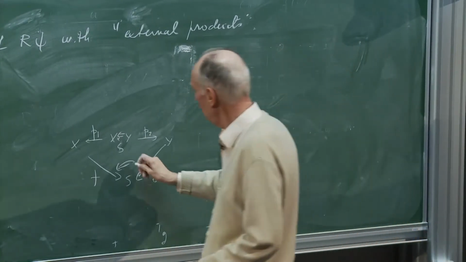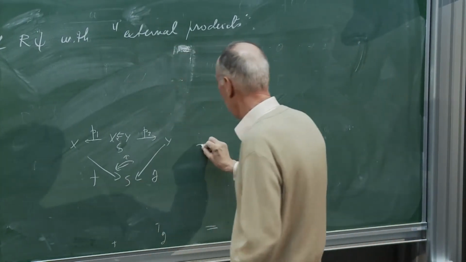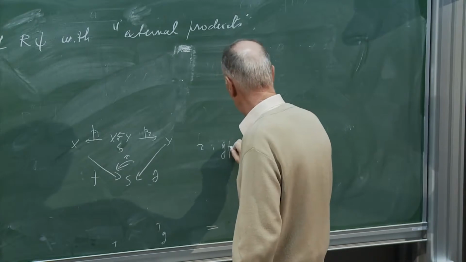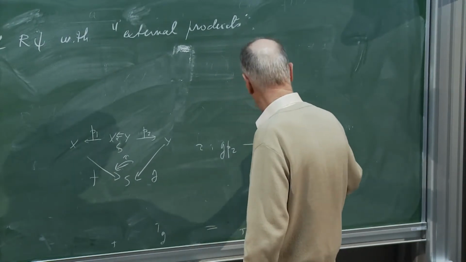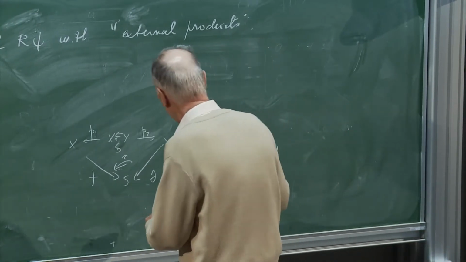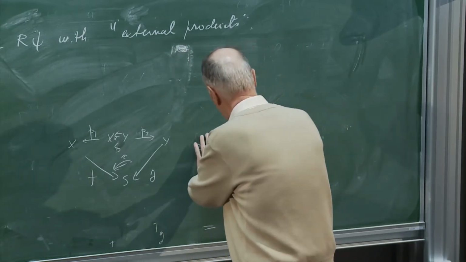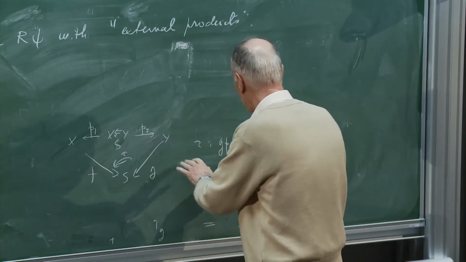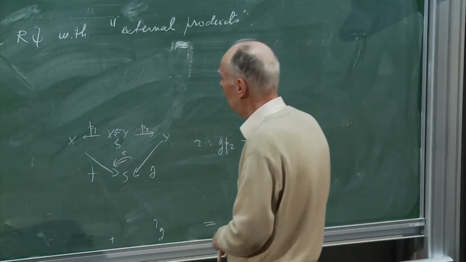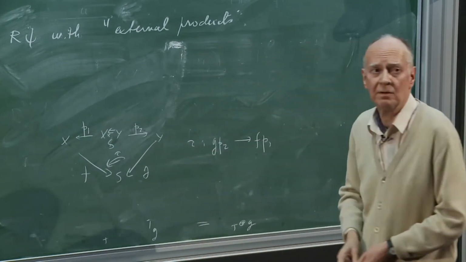So here you have a 2-map tau from g P2 to f P1, a morphism from g lower star P2 star to f lower star P1 star, which is universal in the obvious sense.